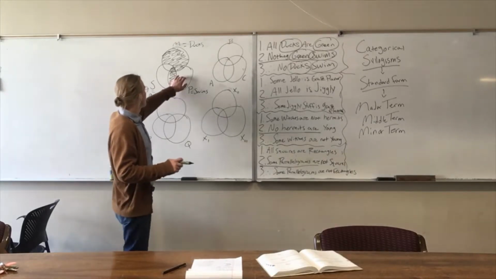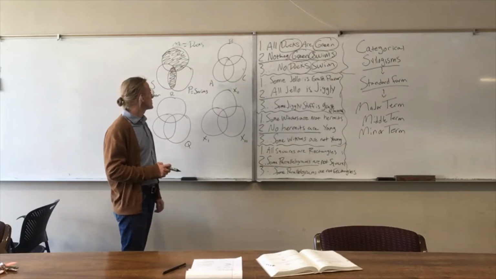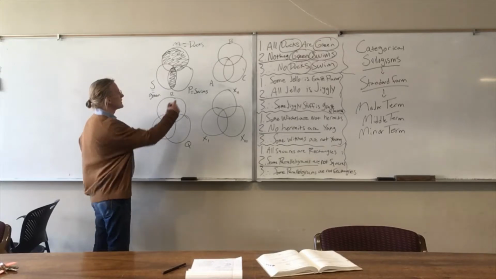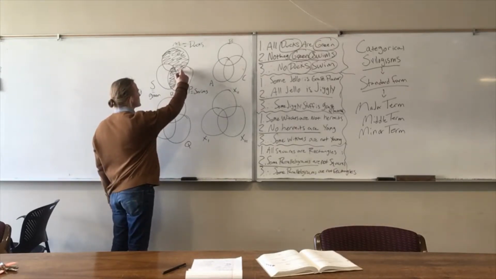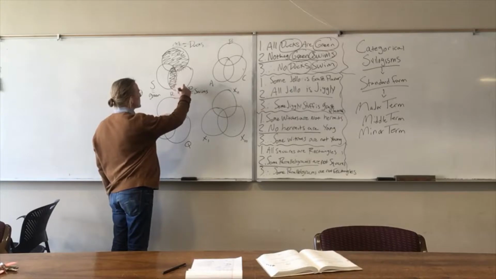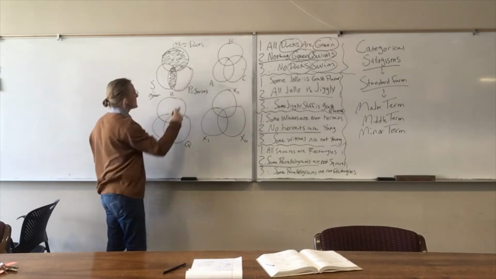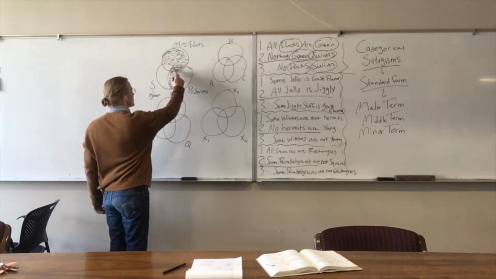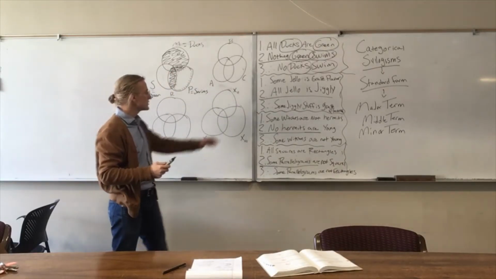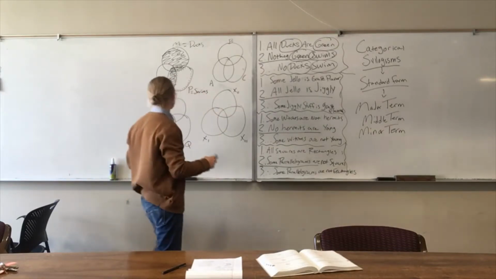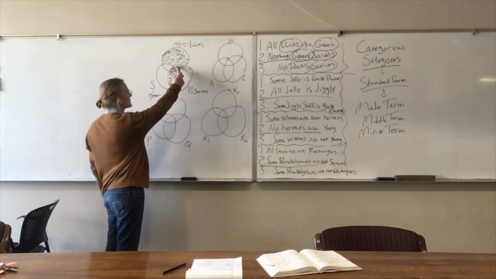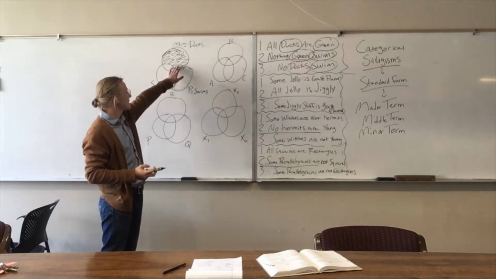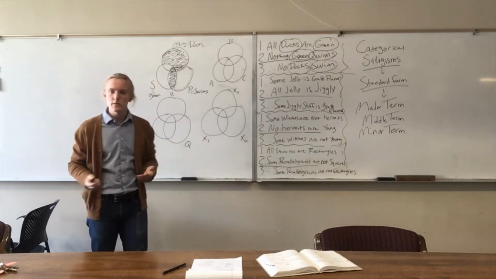We're looking at these two circles now, and the only thing that could exist in this part of the circle would be swimming things, but the intersection of ducks and swimming things has been shaded out, meaning that nothing is there. So our conclusion on the basis of these two premises is that it's impossible for there to be a duck that swims, and that's going to be valid, right? Because we've shaded out the whole area where there would be swimming ducks.